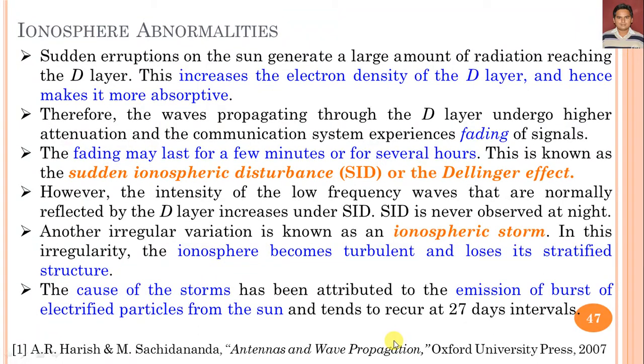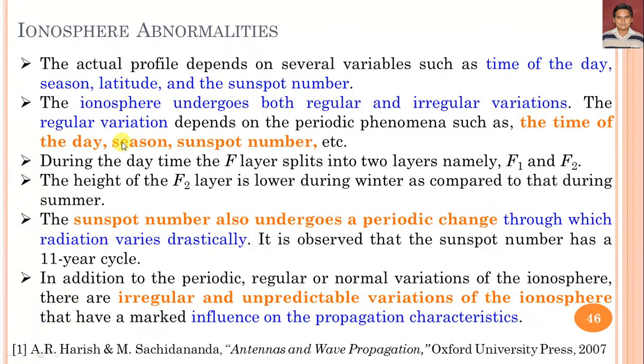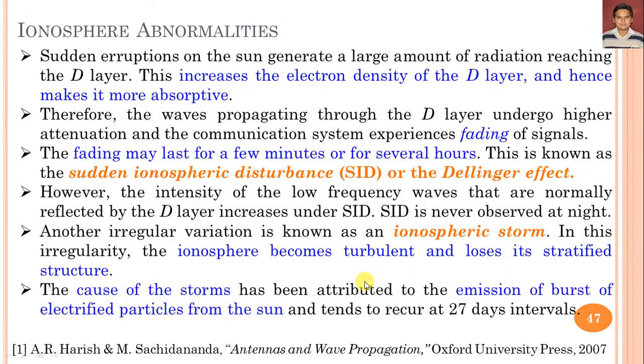So we can say these are some abnormalities that occur, related to the time of day, season, sunspot number, then the Dellinger effect or sudden ionospheric disturbances, ionospheric storms, whistlers and fadings. These are the important abnormalities existing in the ionospheric region.